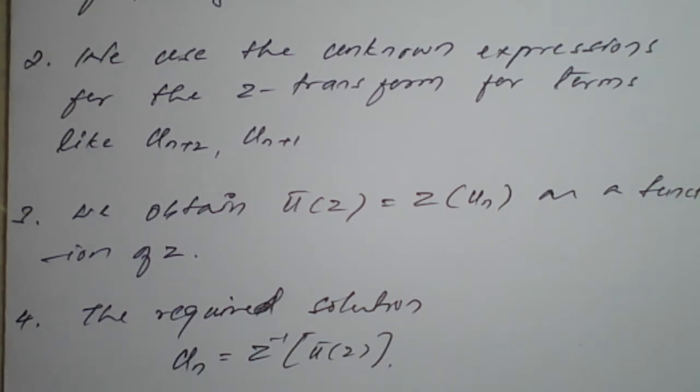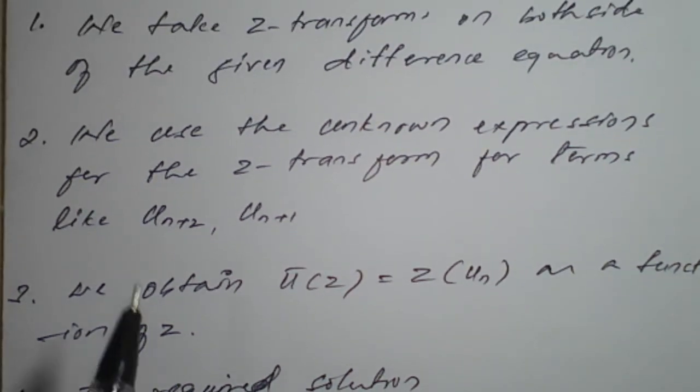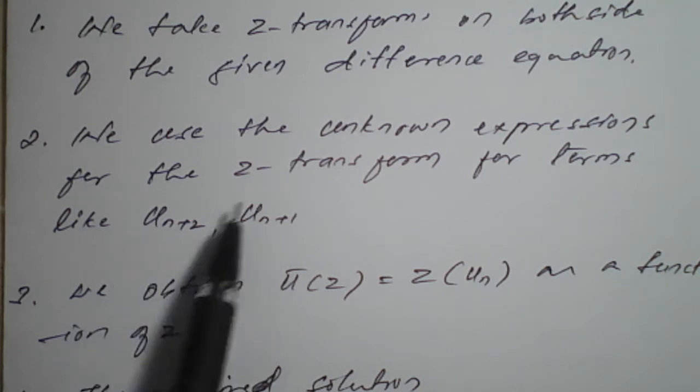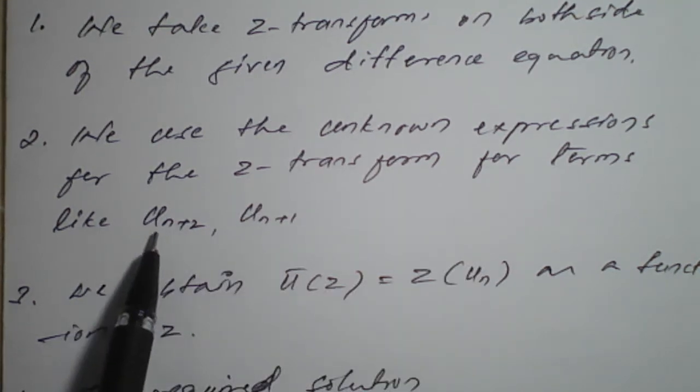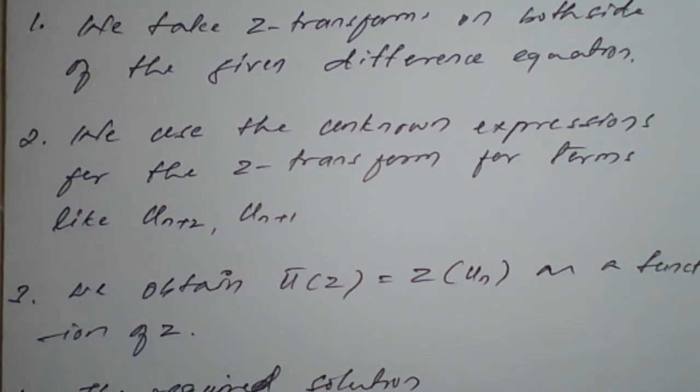So here I want to take one of the note. So we have seen in the step number 2, that is nothing but u of n plus 2 and u of n plus 1. So Z transform of u of n plus 2 and u of n plus 1, I want to show what is that.